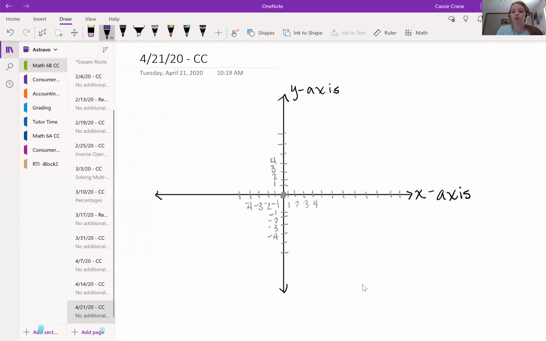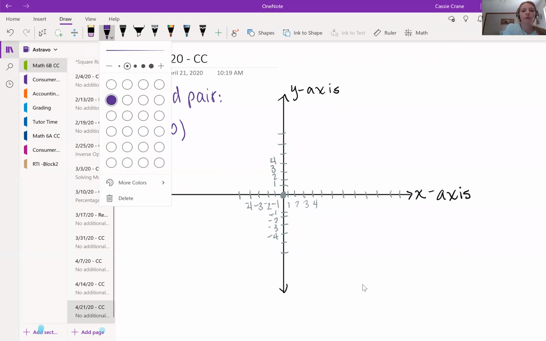So first, let's talk about what makes an ordered pair. When we're plotting points, we use ordered pairs. An ordered pair is two numbers inside a set of parentheses separated by a comma. So I'm just going to make the first one 0, 0. That's an ordered pair.